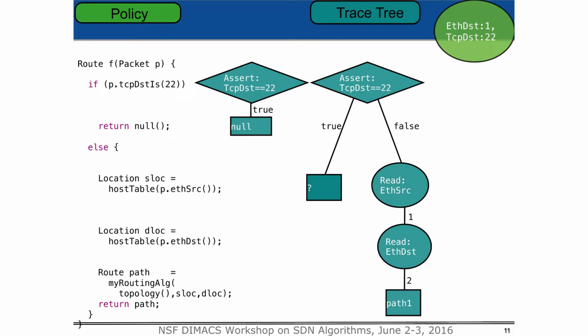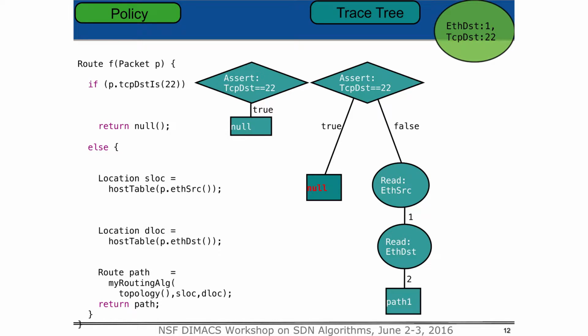Say later we have another packet with Ethernet source 1 and TCP destination 22 coming into the network, and we'll execute f on this packet again. This time we find the assertion to be true, and the decision is to just drop this packet. We'll just merge this trace into the existing trace tree and update the corresponding leaf entries.